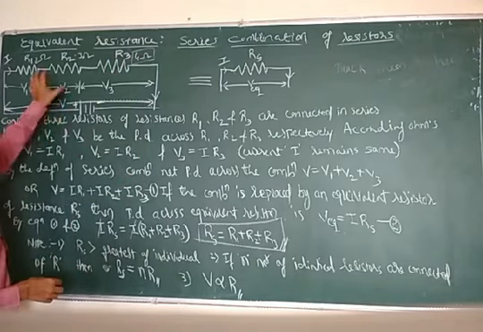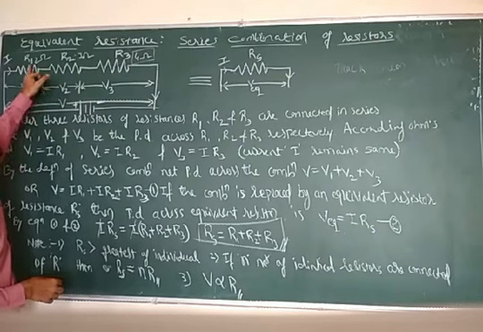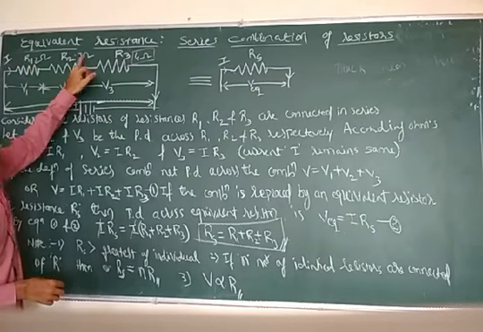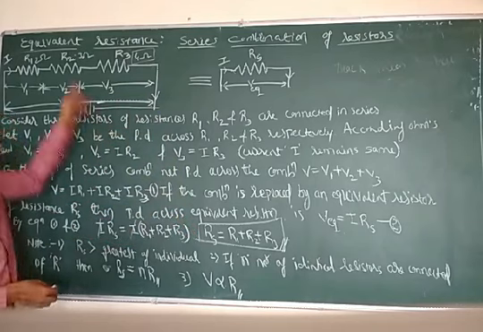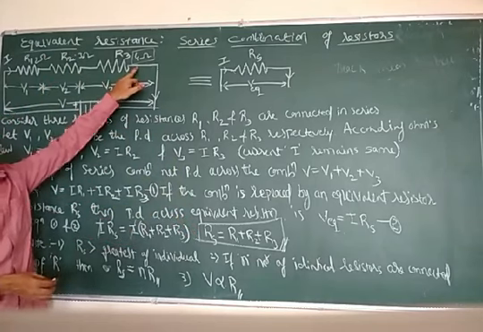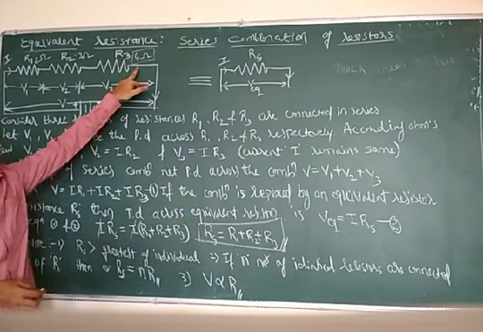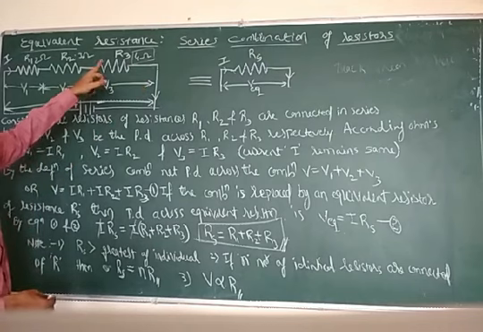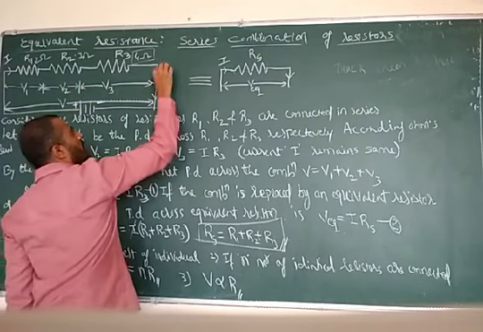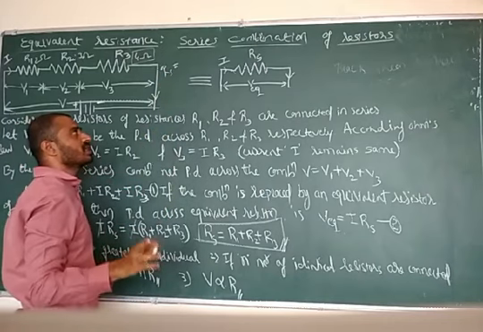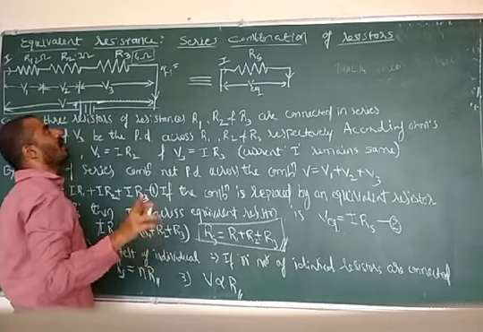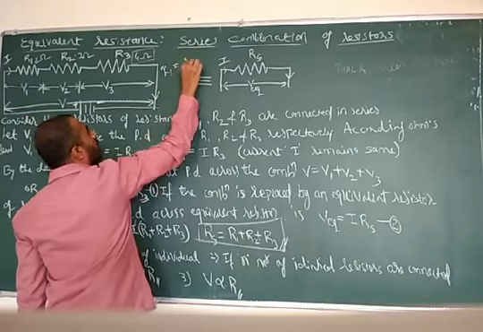When you find the effective resistance of the three resistors, 2 ohm, 3 ohm, 4 ohm, according to the formula it will be 2 plus 3 plus 4, that is 9 ohm. The effective resistance of three resistors of 2 ohm, 3 ohm and 4 ohm will be 9 ohm.